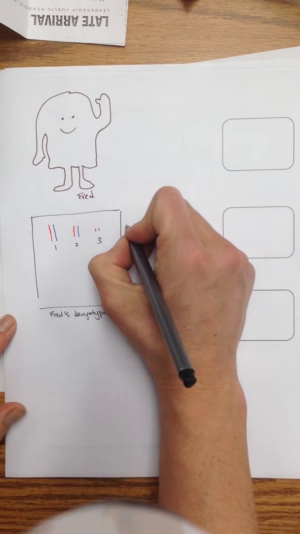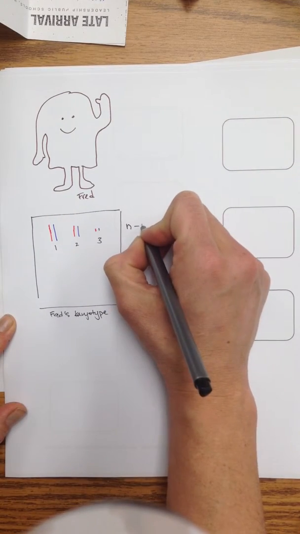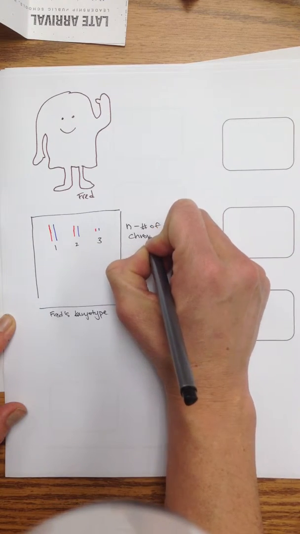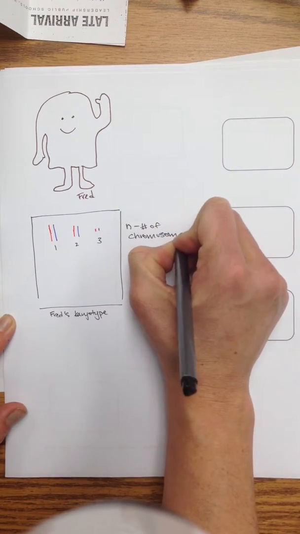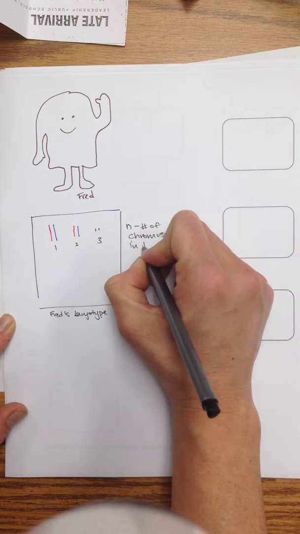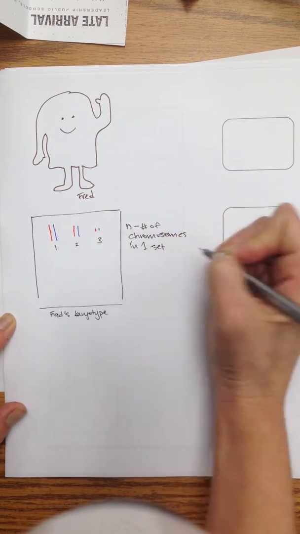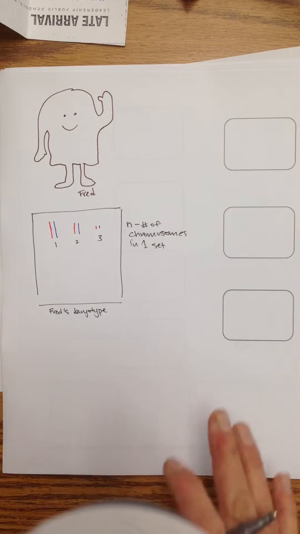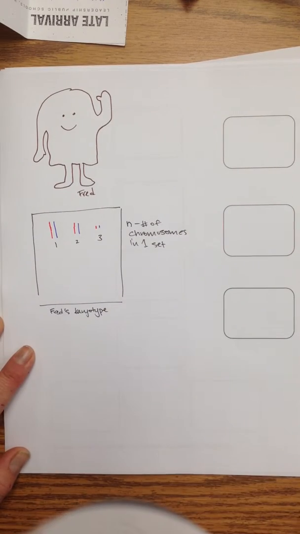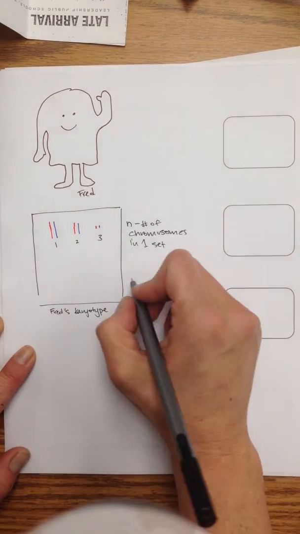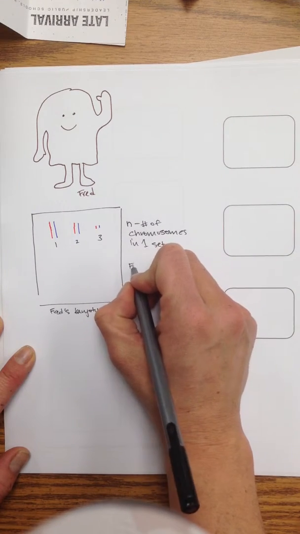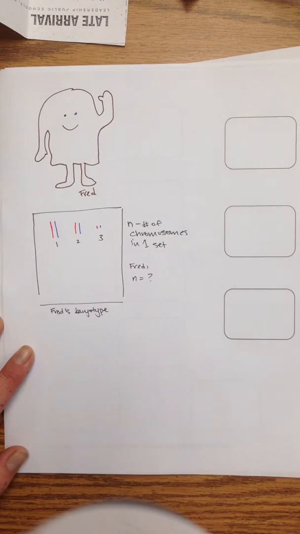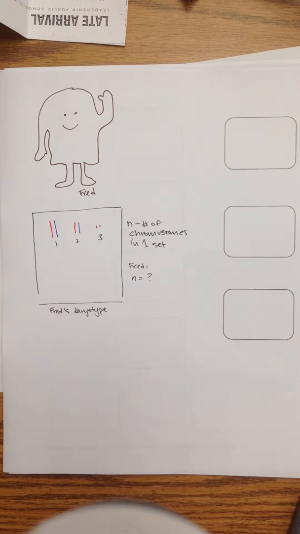So remember, N is number of chromosomes in one set. You saw that last night in the video, and it's up on our board. Right now, pause the video for a second and see if you can figure out for Fred, N equals what? You can check your notes.